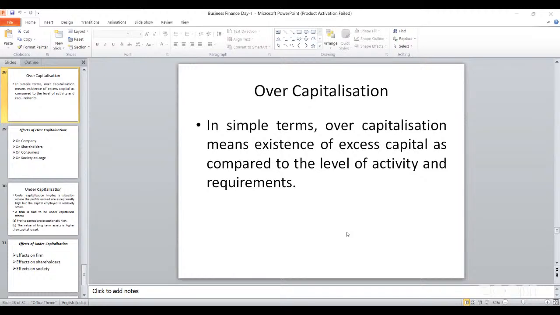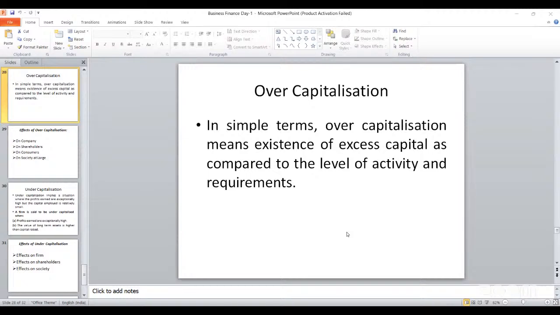Actual capitalization is calculated by adding the paid-up value of the shares, the debentures, and the reserves or surplus you have. When you arrive at that figure, we calculate your actual capitalization.